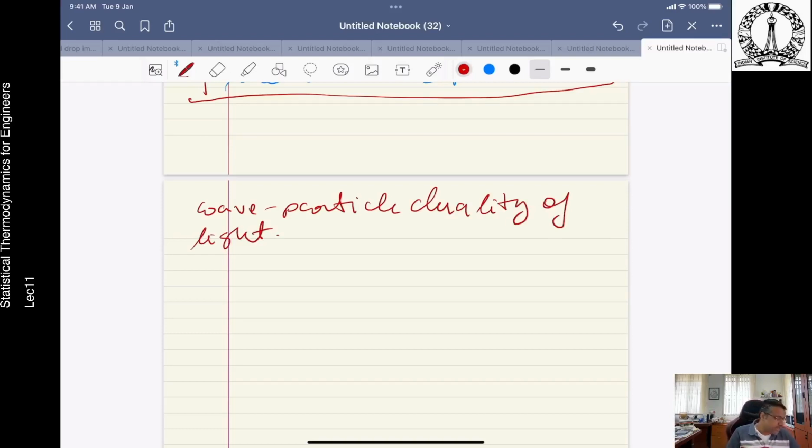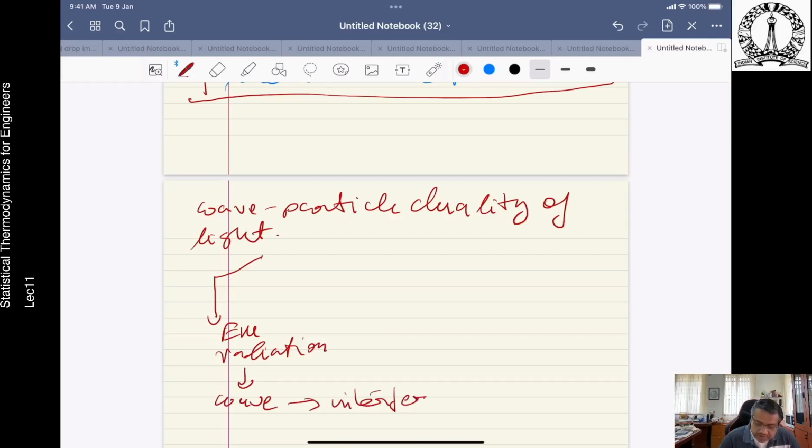So it is like a metamorphosis of some kind, that sometimes light will behave like EM or electromagnetic radiation, in which the light will behave like a wave, and it will show interference and diffraction, which has all been proved.